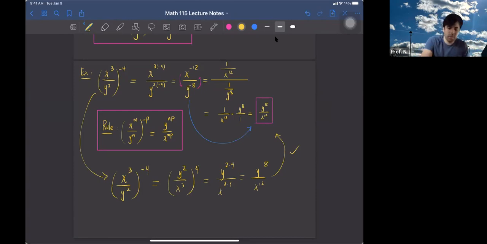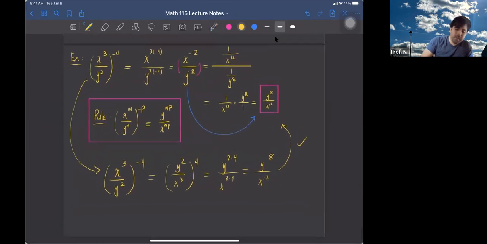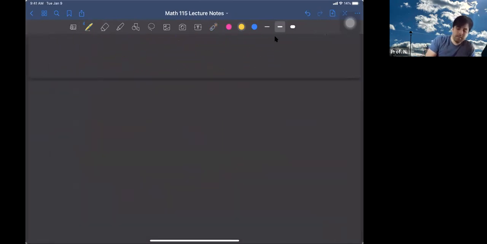I do everything correctly, I get the right answer. Or I can apply another rule first, and I still get the same correct answer. And you only get better with this with practice and practice. That's all. Lots of practice. Okay.